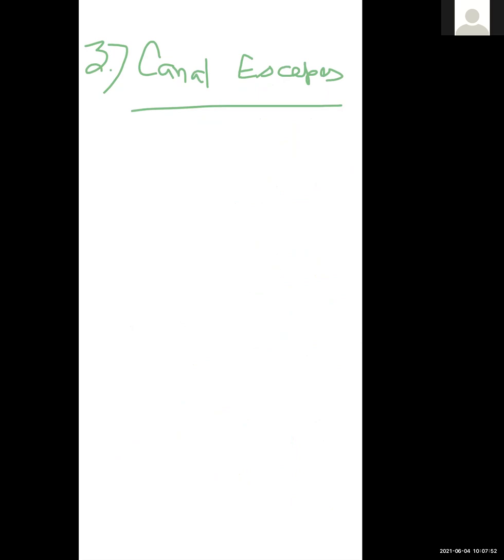It is a side channel constructed to remove surplus water from an irrigation channel. Irrigation channel means main canal, branch canal, and distributaries. So a canal escape is also a canal, which is constructed at the side of the main canal, branch canal, or distributaries.